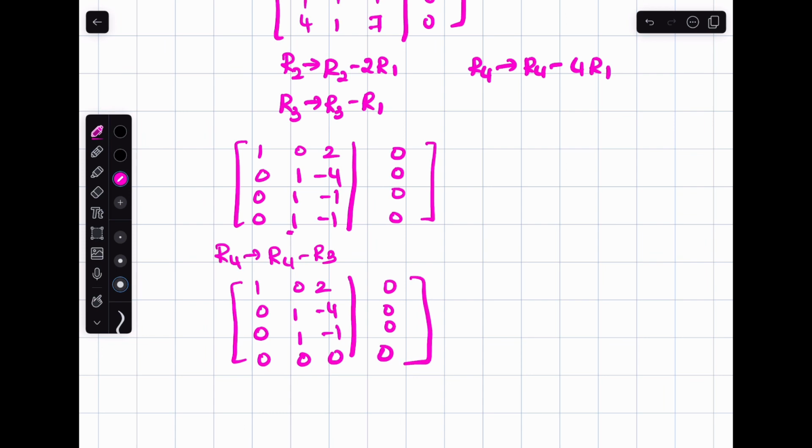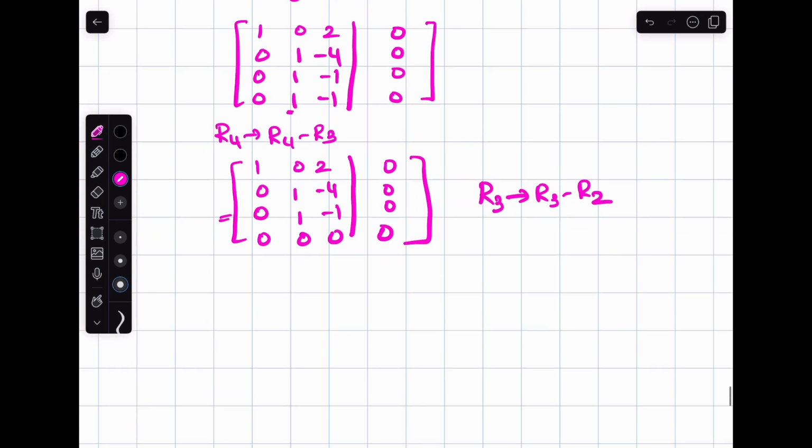All right, now I have to apply the row operation for the third row, that is row 3 changes to row 3 minus row 2. Okay, so what I will get, so 1 0 2 0 0 1 minus 4 0 0 0 3 0 and 0 0 0 0.